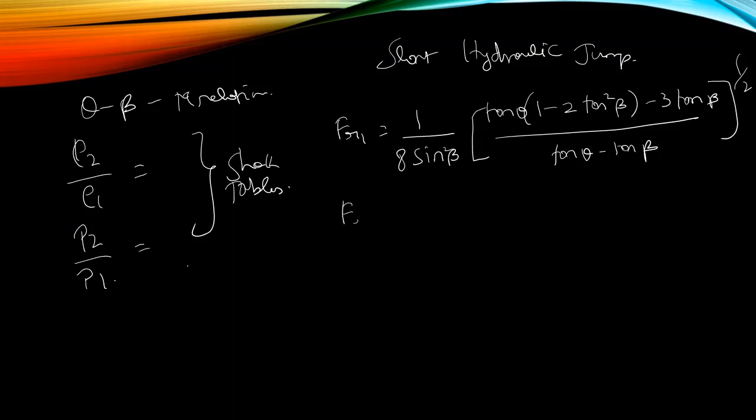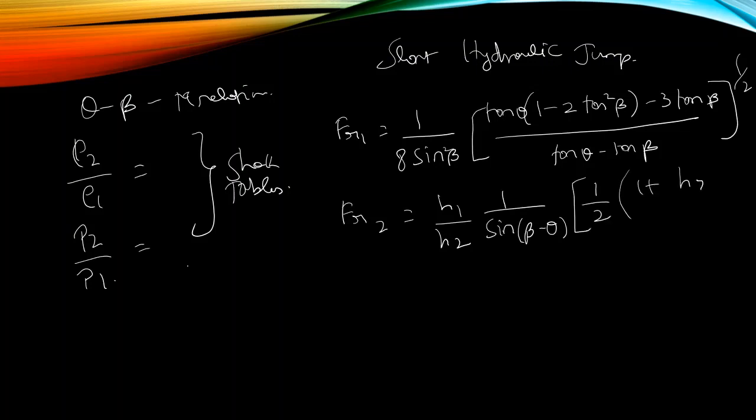So this is the Froude number for the first state, and then for the second state, Froude number is equal to h1 by h2 times 1 divided by sine of (beta minus theta), and then 1 by 2 times (1 plus h2 by h1). And what is h2 by h1?